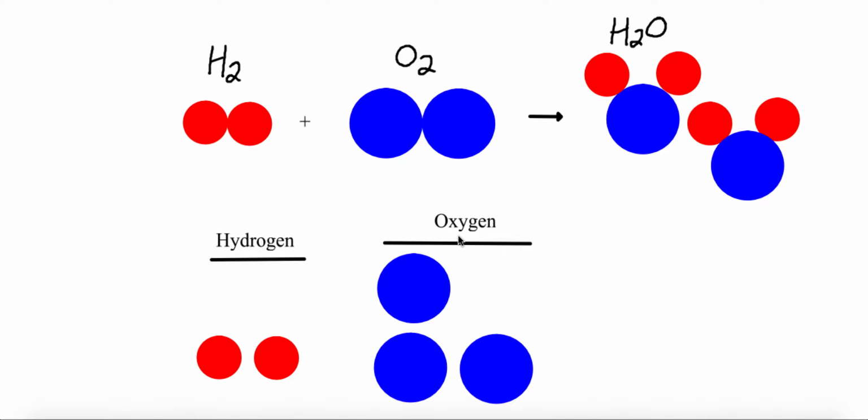So in order to have two oxygen atoms on my product side to conserve the matter, that's the equivalent of having two water molecules, because each one brings one oxygen. But in doing so, you can see here that I've got four hydrogen atoms. Well, I had two originally, but now I've got four.